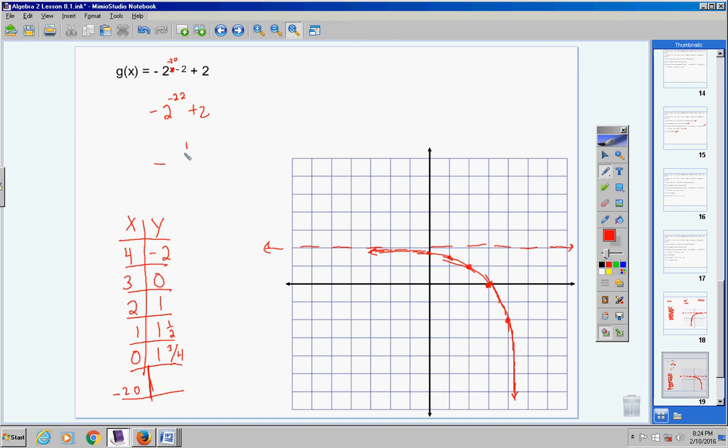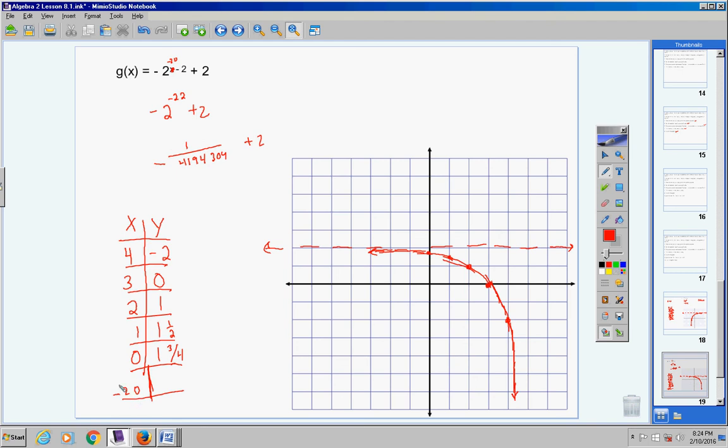You would get 1 over 4,194,304, and then bring down your positive 2. So you see, no matter what happens, you're always going to get a negative fraction adding to a positive 2. So it'll always be less than 2.